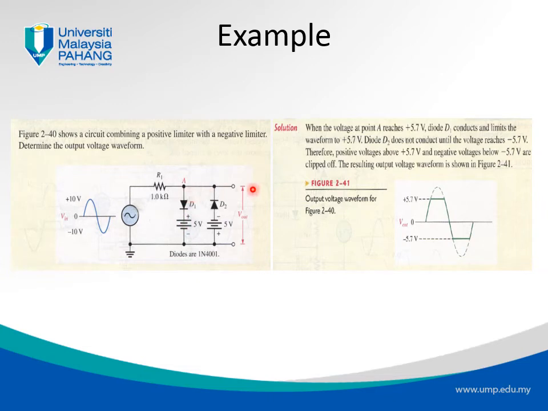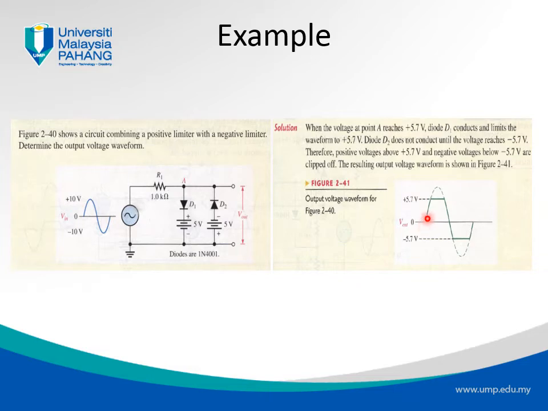What we'll see at the output, at point A with the ground here, is that the voltage will increase until it reaches 5.7 volts. When it reaches 5.7 volts, the current can go through and the circuit becomes closed, right? So that's what we're observing here.